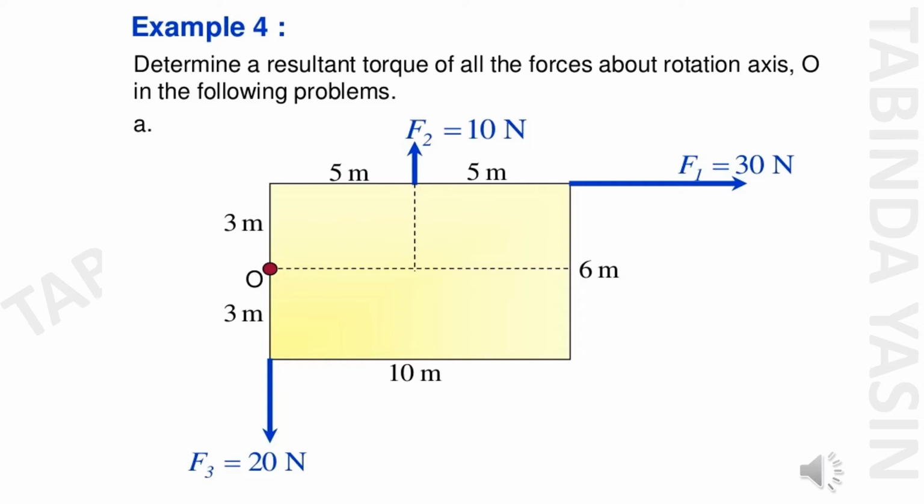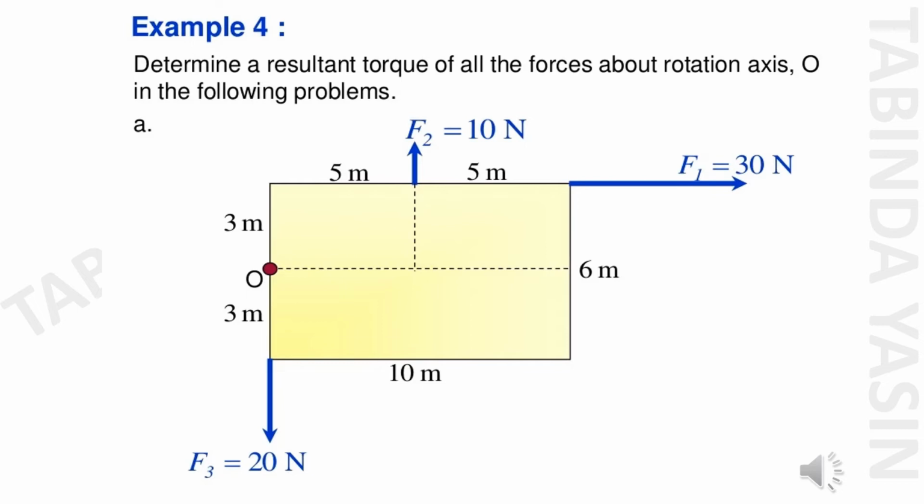The width of the block, divided into two parts from the center, is 5 meter and 5 meter. At the center of the block, the force F2 is equal to 10 Newton in the upward direction, and in the horizontal the force is F1, 30 Newton.